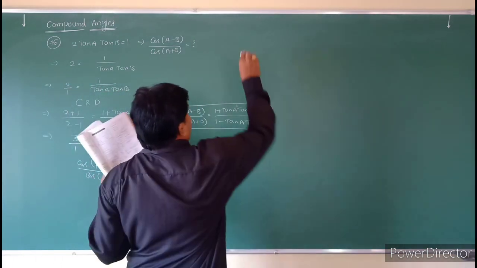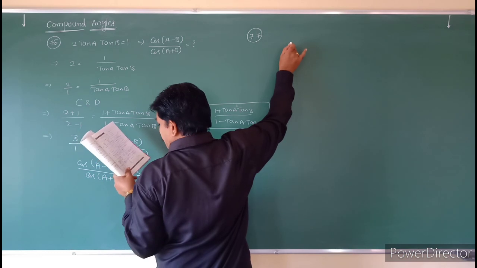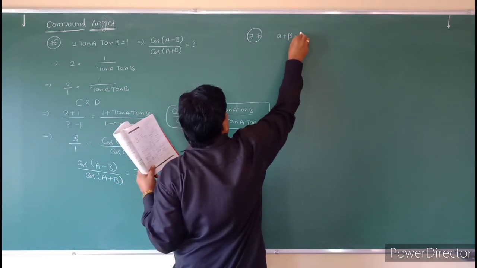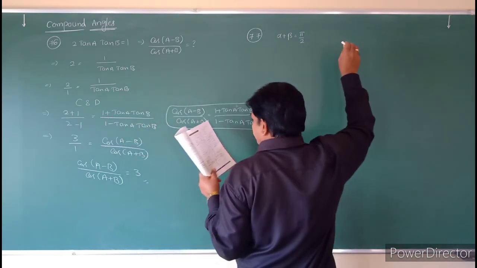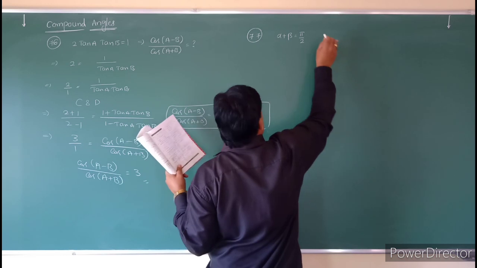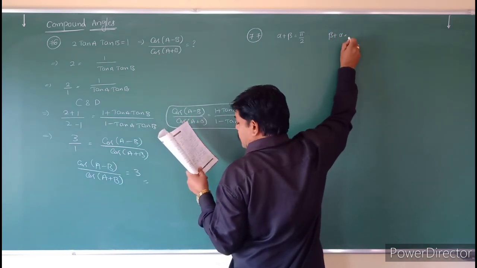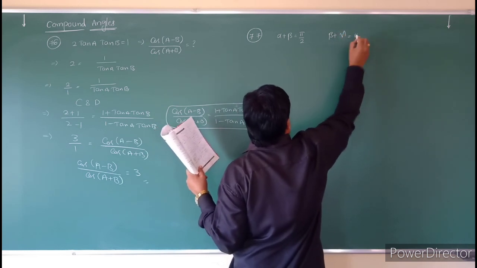So what is question number 77? So see that question, students. Alpha plus beta is equal to pi by 2, and beta plus gamma is equal to alpha.